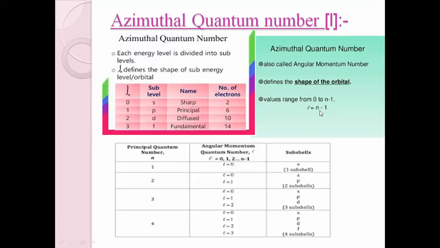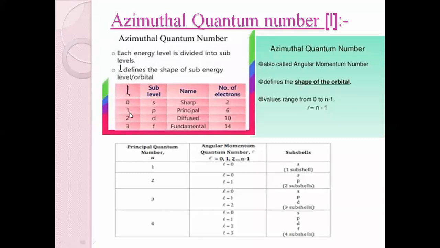Similarly, when n is equal to 2, okay, over here, just look down at the table. When n is equal to 2, when we substitute the value L is equal to n minus 1, the answer I get is 1.